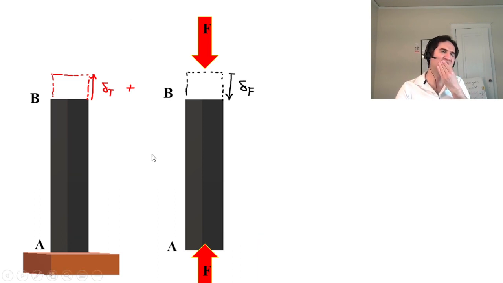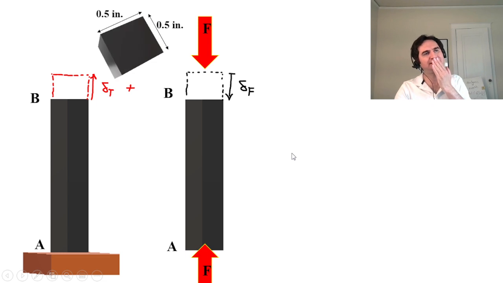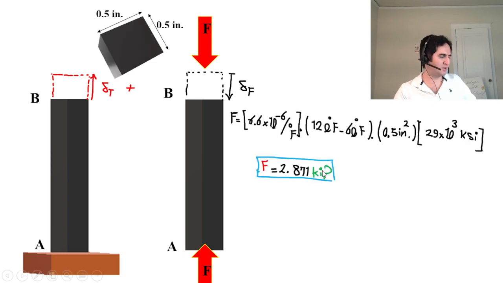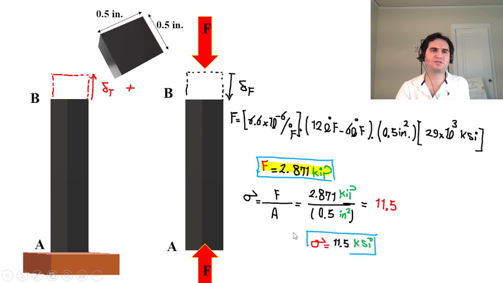If you do the math, it gives you a force of 2.871 kilopounds. As soon as you know the force, stress is force over area, and you get a thermal stress of 11.5 kilopounds per square inch.